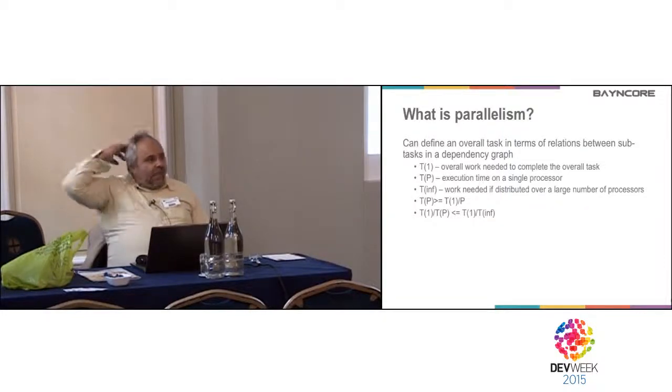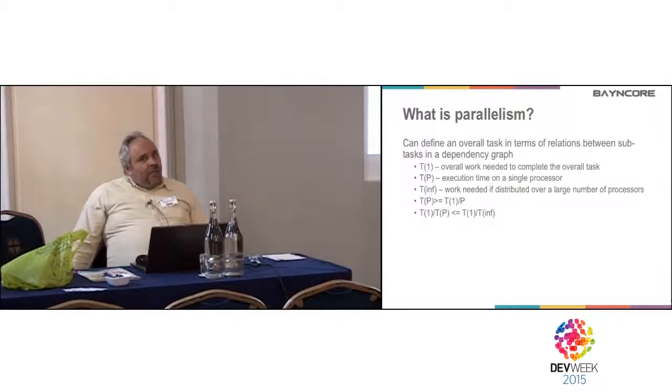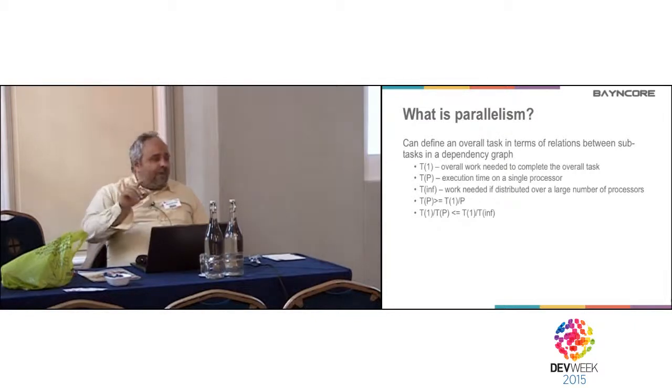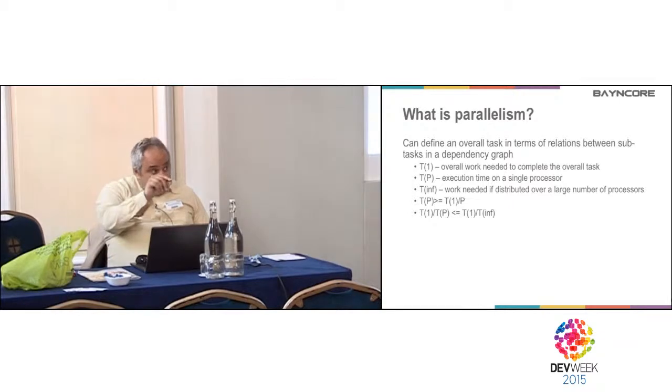So those that have done a formal computer science degree may be familiar with the concept of a graph in mathematical terms. And a graph is really just a set of points. If you imagine a set of points sprinkled on a piece of paper, and they're connected by a set of edges. So you have a set of points or vertices connected by a set of edges.